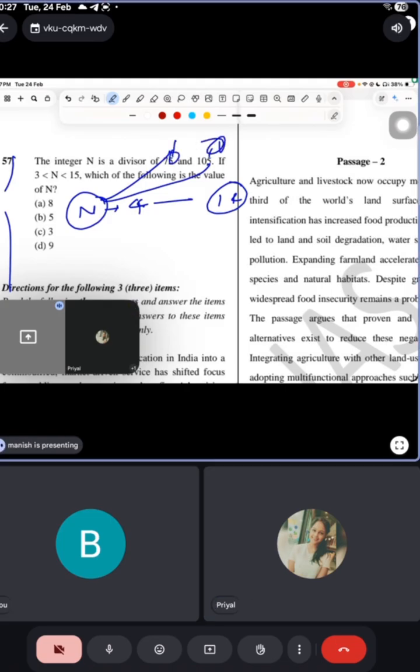So guys, between 4 and 14 there is only one number which can divide both numbers equally, 75 and 105, that is 5 only. Otherwise there is no number which can divide completely. So 5 will be the answer. Very easy question. I think they should not ask this question.